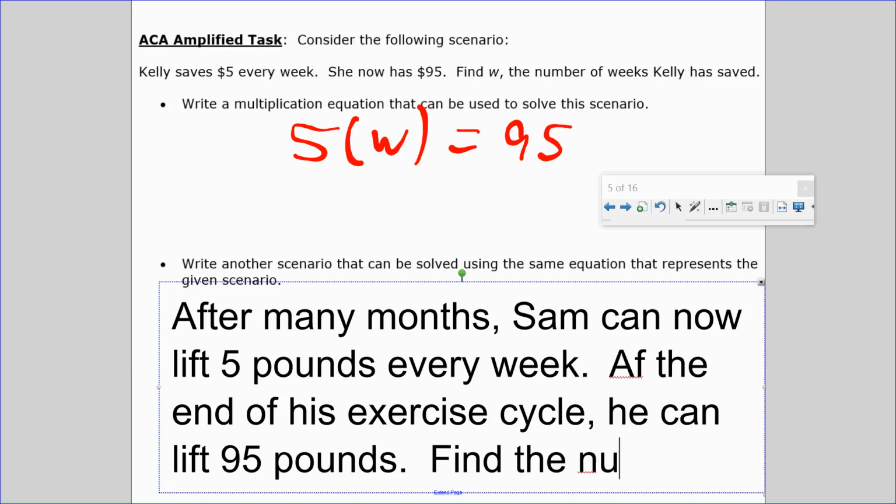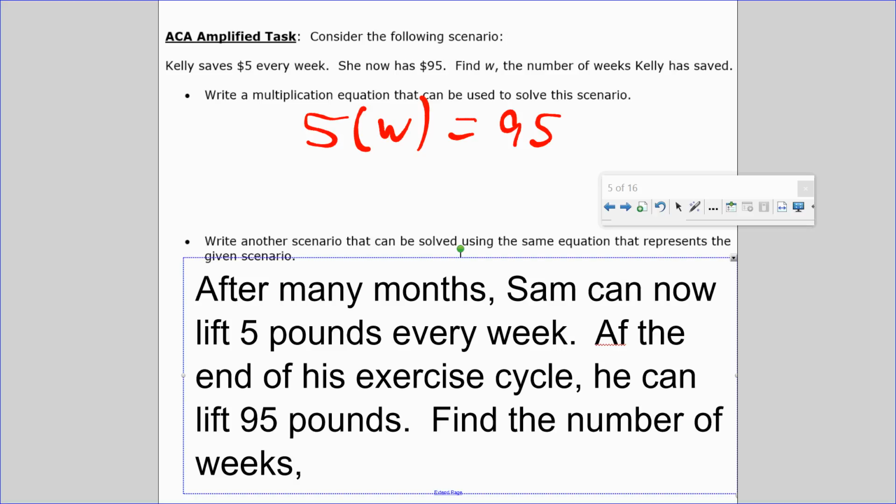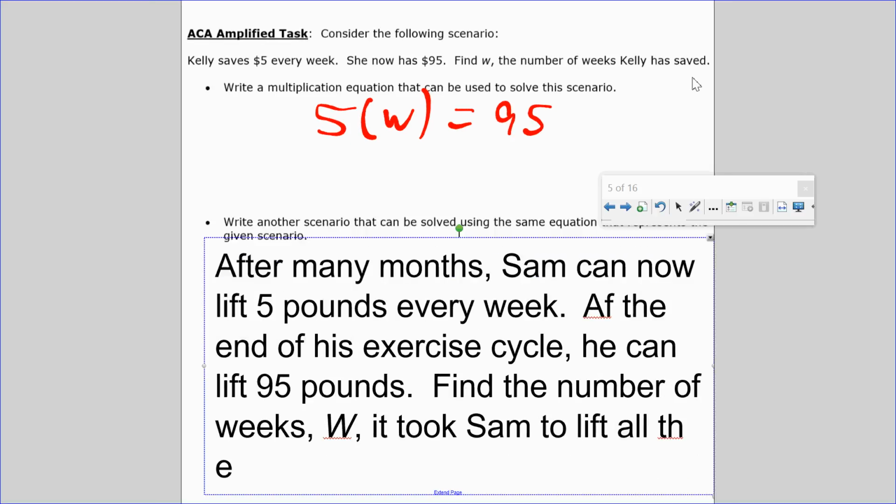Find the number of weeks W it took Sam to lift all that weight. Let's see if it makes sense. I lifted 5 pounds every week, and now I can lift 95 pounds. So I like that one.